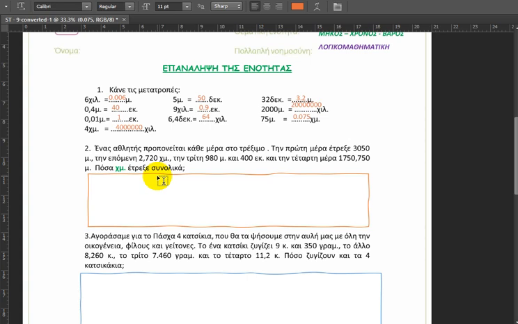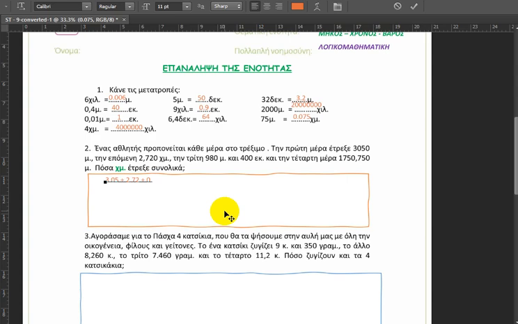And then the fourth day, 1,750.750 meters. How many kilometers did he run? So to do this, I need to convert all of these into kilometers. So the first one would be 3.05, and the second one is already in kilometers, so 2.72, and then the third one would be 0.